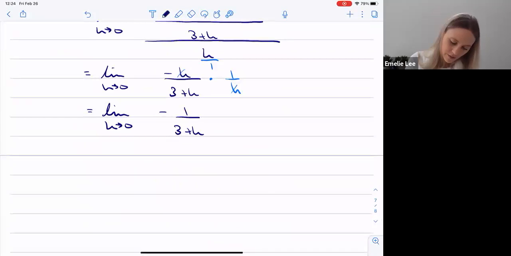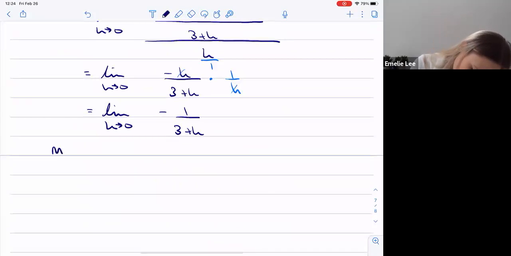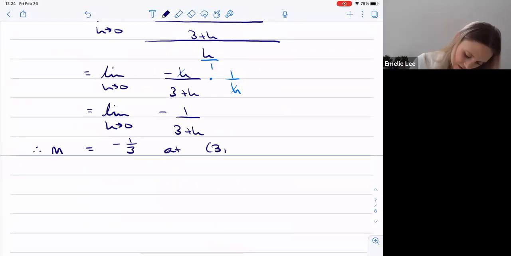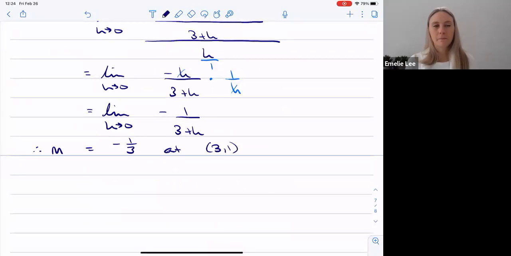So m is -1 over 3 at (3, 1). Nice. So like I said, all you need to be able to do is use those definitions for the slope and the velocity, and then eventually the derivative. You don't need to know how we kind of got there.